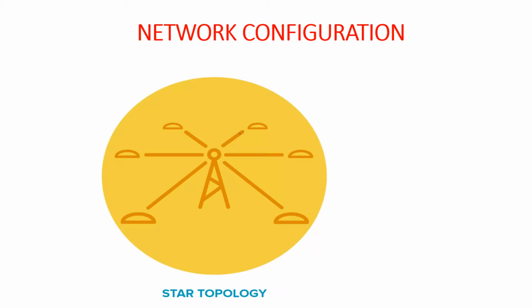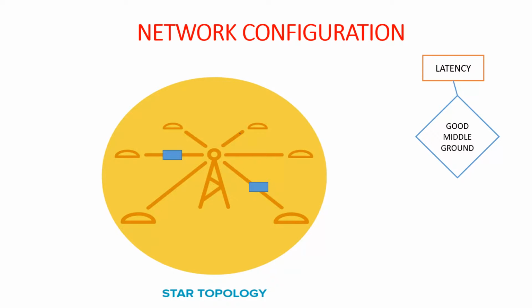So instead of a mesh topology network, most LPWAN technologies use a star topology network. Repeaters can be used to fill in gaps in coverage, which for most applications is a good middle ground in terms of latency, reliability, and coverage.